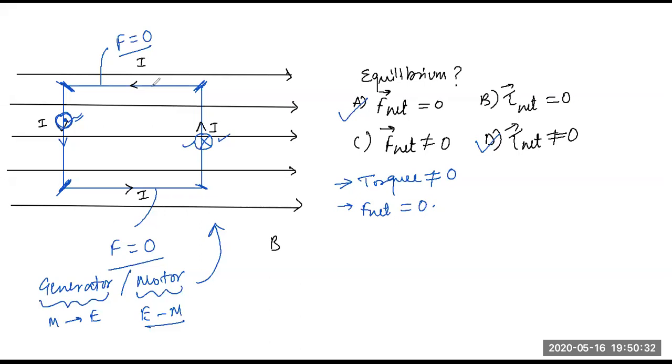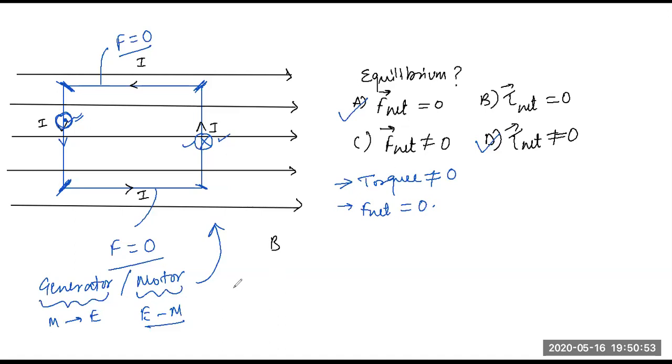The reverse of it, which you'll study in electromagnetic induction, is that if you rotate something in a magnetic field, it creates current. That will be the principle for a generator. But in this case, you have current and using that you are turning the object.